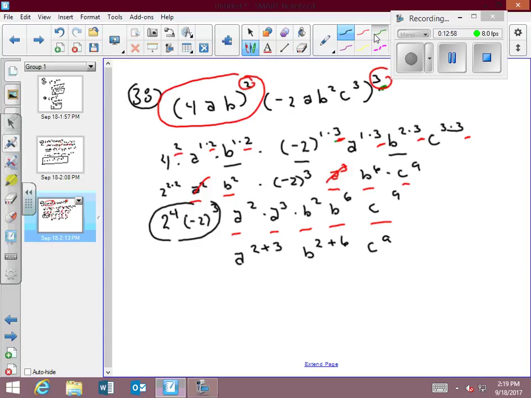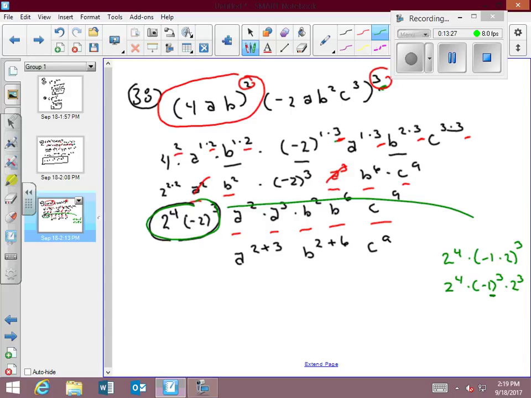I'm going to take this right here, and I'm going to go over here and deal with it. I'm going to go 2 to the 4th, then I want it times a minus 1 times 2 raised to the 3rd power. 2 to the 4th times a minus 1 to the 3rd times 2 to the 3rd.